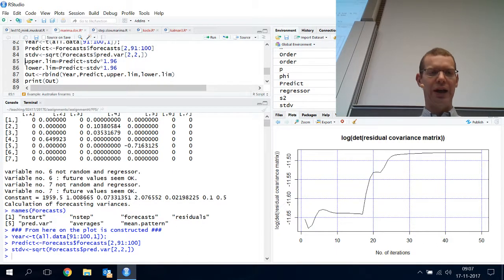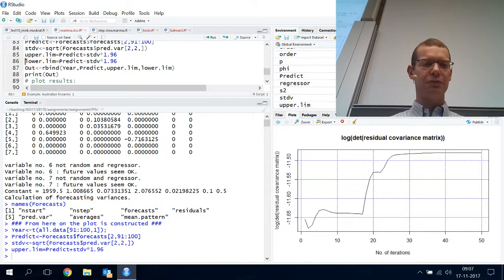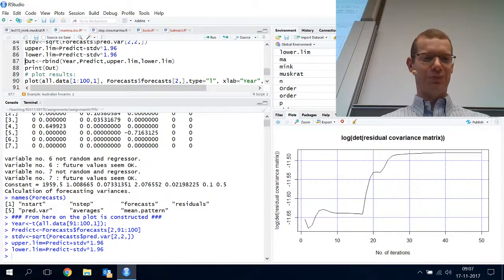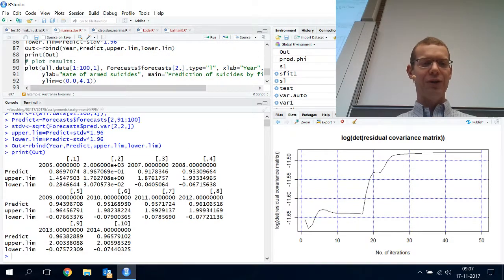Then we will look at the predictions plus minus the standard deviation. This is the code copied from the document, the PDF file, so it's not written in a way that I would make it. But what we have as predictions out here is the years, the prediction value, and then the upper and lower limits for the prediction.